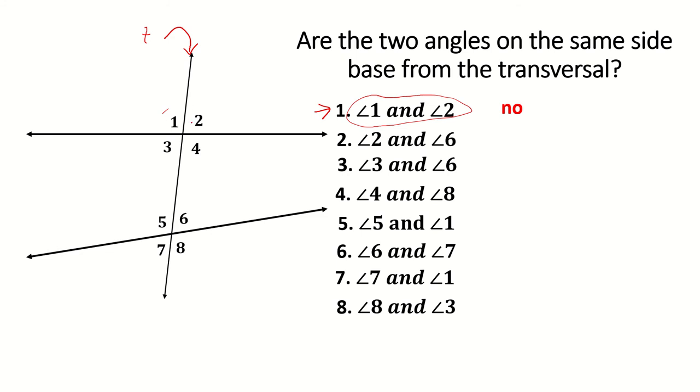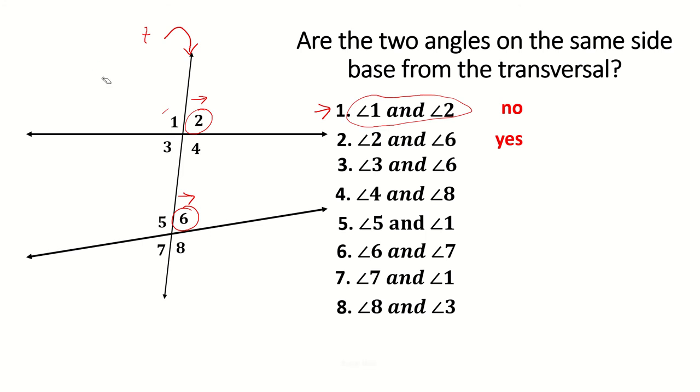Angles 2 and 6. Notice that angle 2 is on the right part of our transversal. Same with 6. They're both on the right side. In other words, that's a yes. That's how we determine if two angles are on the same side. You just have to base it from the transversal itself.